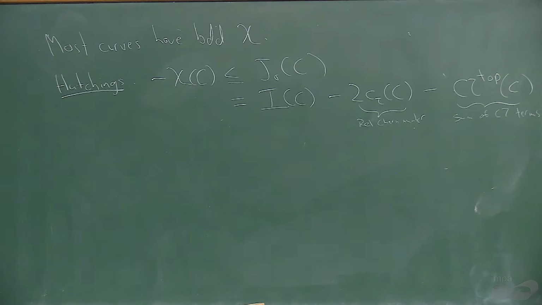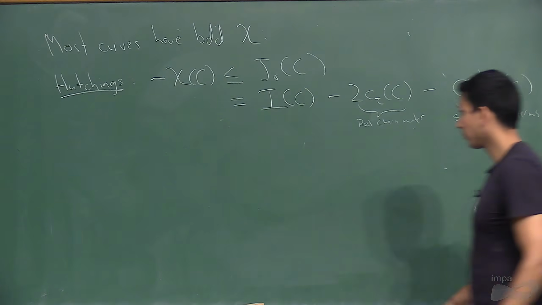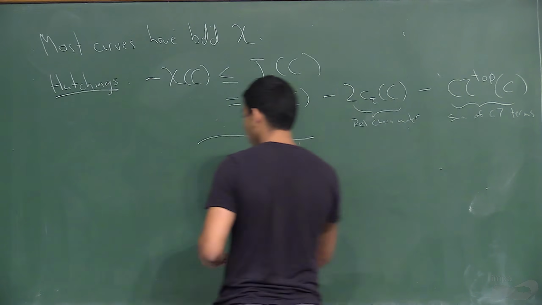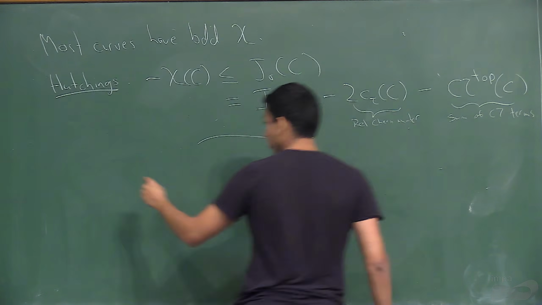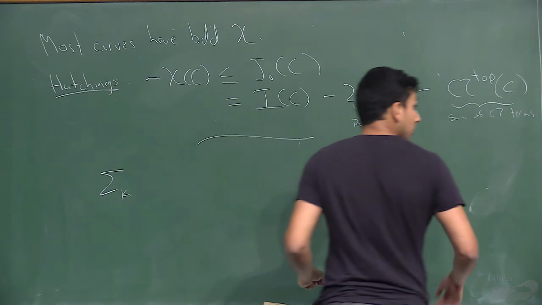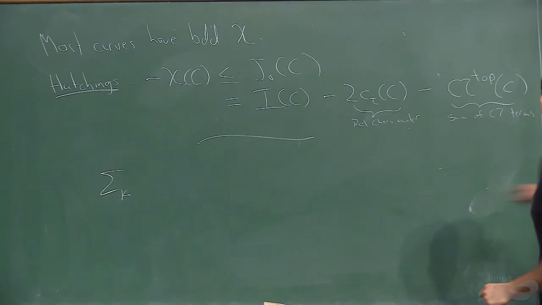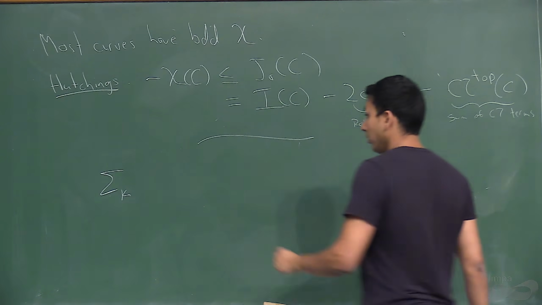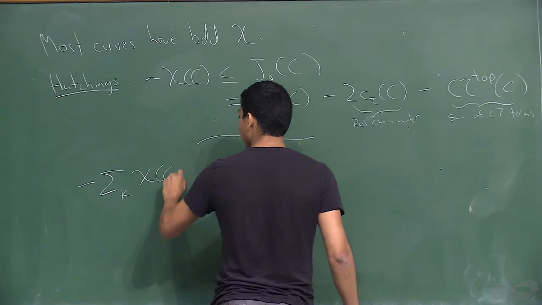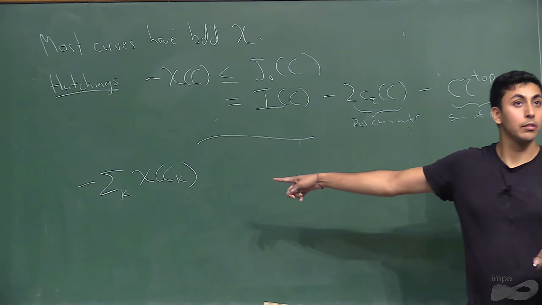Okay? Now in our case, we're going to try a similar argument to the one for the action. We're going to try and bound the sum of the Euler characteristics of all the C sub k.